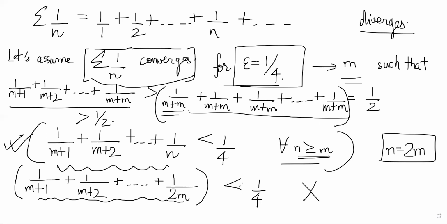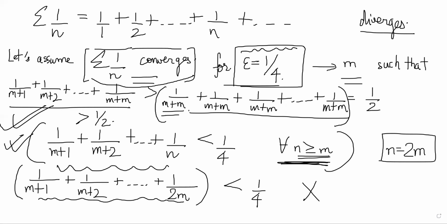So basically, what we have gotten is a contradiction. Assuming that it converges, we should have had this condition for any n greater than m, for this particular value of epsilon. But we have gotten a contradiction, so that means our assumption was wrong.